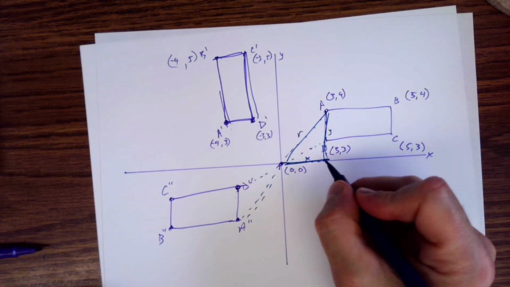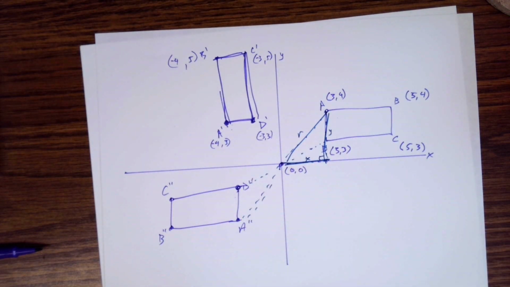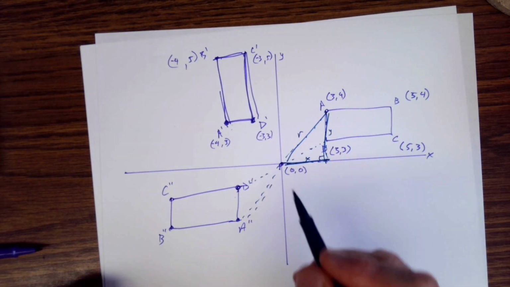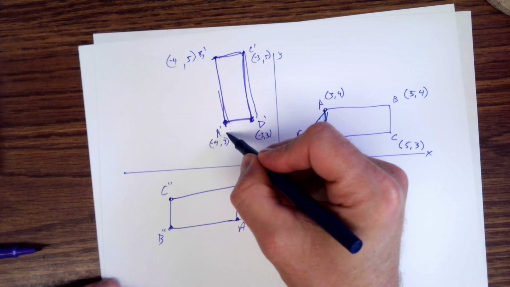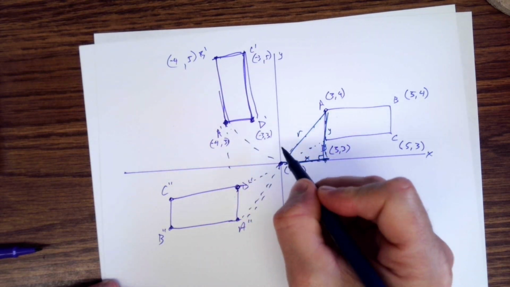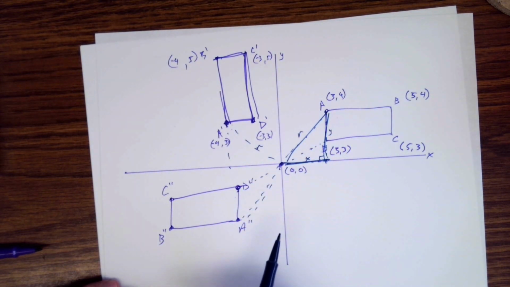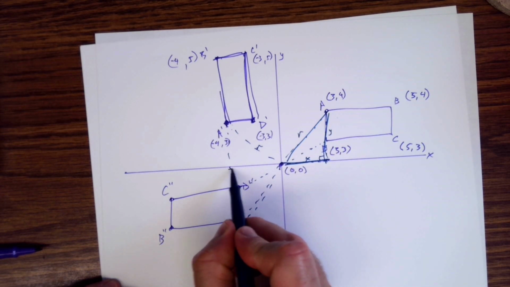But if it's a right triangle, that means that x squared plus y squared equals r squared. Well, think about what you're doing now. That r has to be maintained. That distance away from the point of rotation needs to be maintained, right?